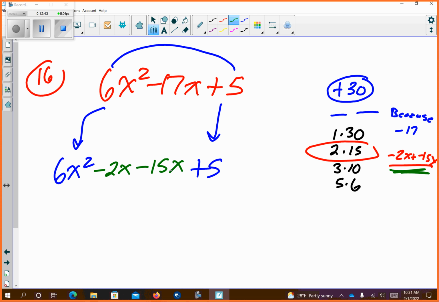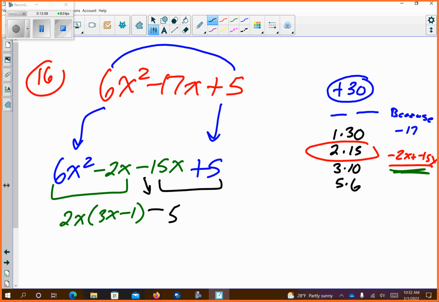Do you feel comfortable with what I did? If you feel comfortable at that point, see if you can figure out the rest. Make sure you realize when you factor that negative 5 out, why negative 15x turned into positive 3x, why positive 5 turned into a negative 1.